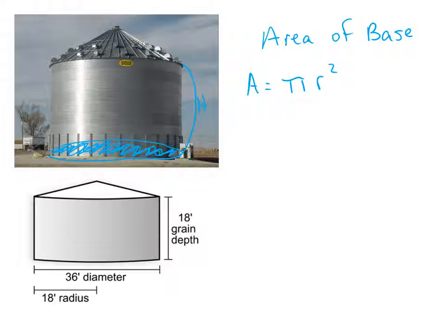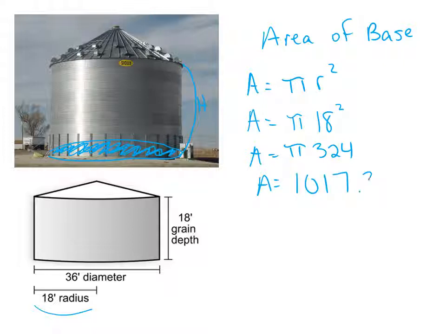The measurements that I've given down here: area equals pi times radius, which is 18, squared. I'll just grab a calculator here, and 18 squared is 324, so pi times 324. We have A equals 1017.36.